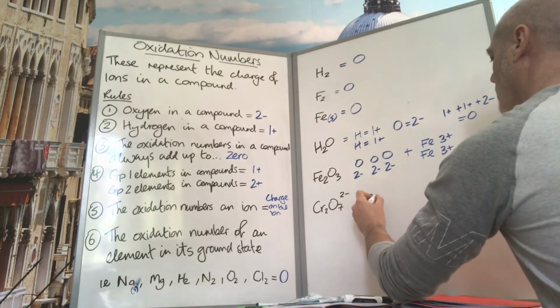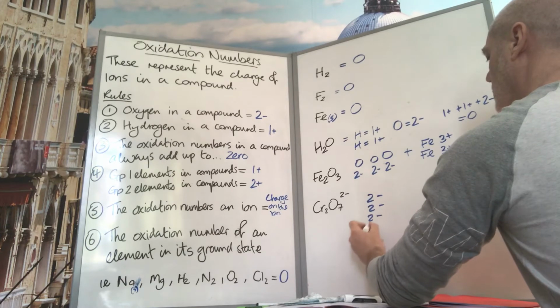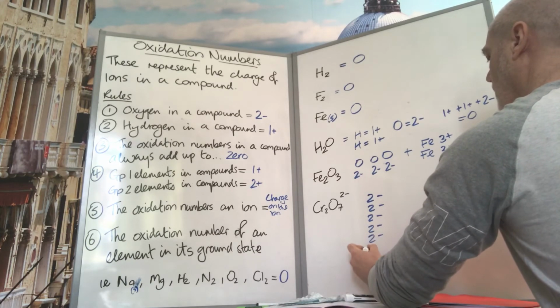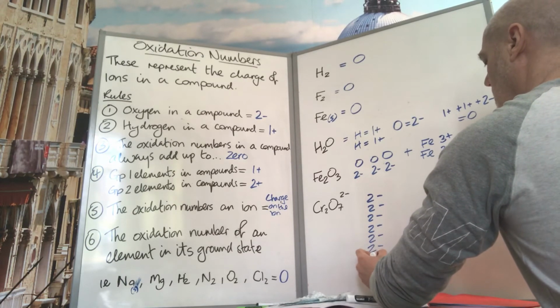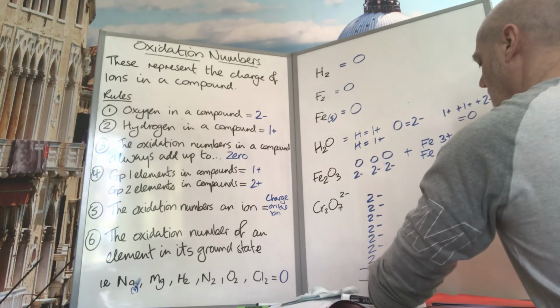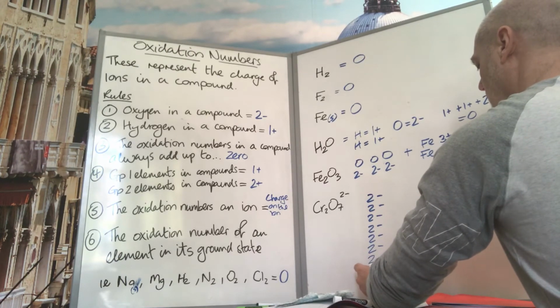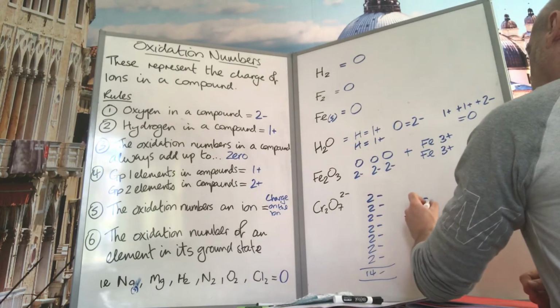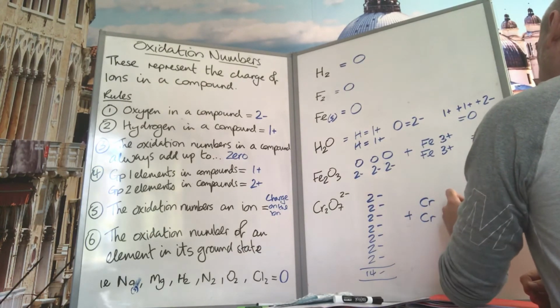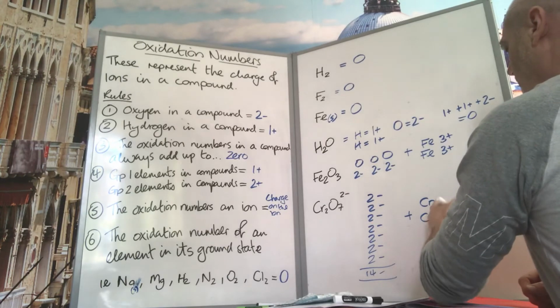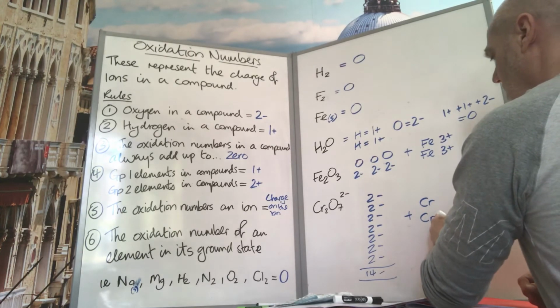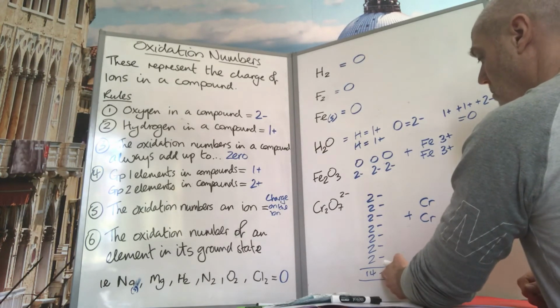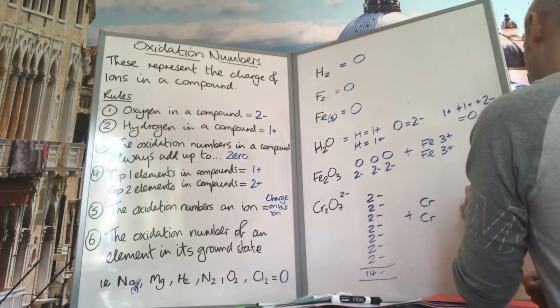So we have got 1, 2, 3, 4, 5, 6, 7, which is 14 minuses altogether. Plus we've got 2 lots of chromium.